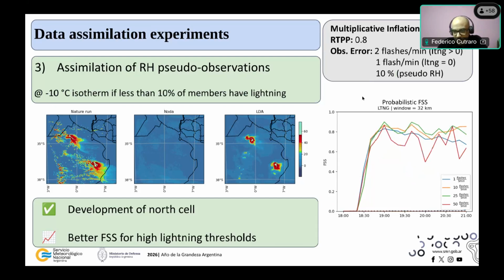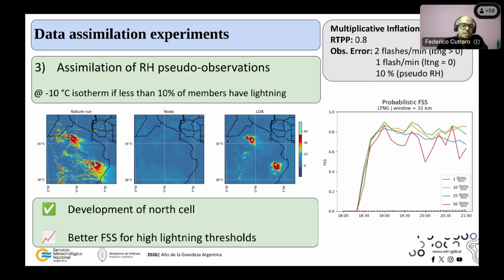And something that's interesting to see is that there are higher values of fraction skill score for higher thresholds of lightning, showing that there's more impact in the higher thresholds of lightning.